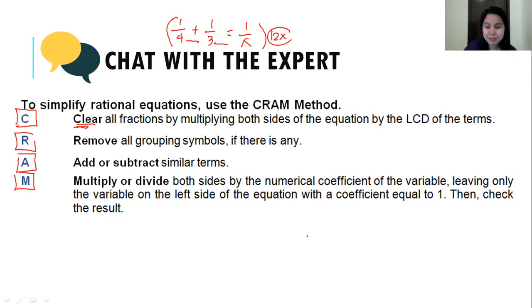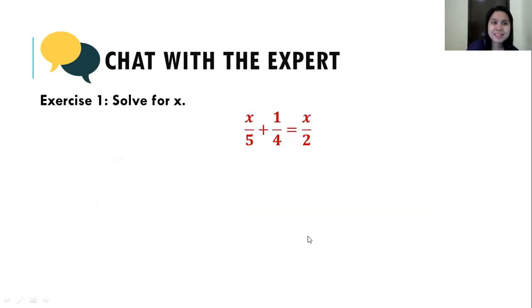There are some techniques I'll be sharing with you along the way. The first one is x over 5 plus 1 over 4 equals x over 2. First is CRAM, clear. Clear all the fractions by multiplying it with the LCD. I told you a while ago that my technique is I'll multiply all the denominators.